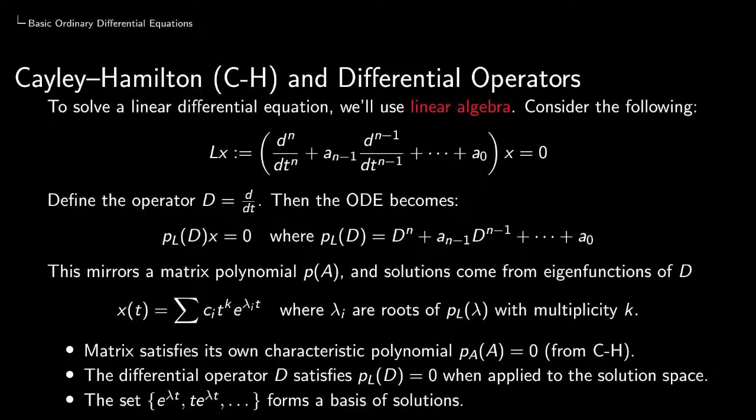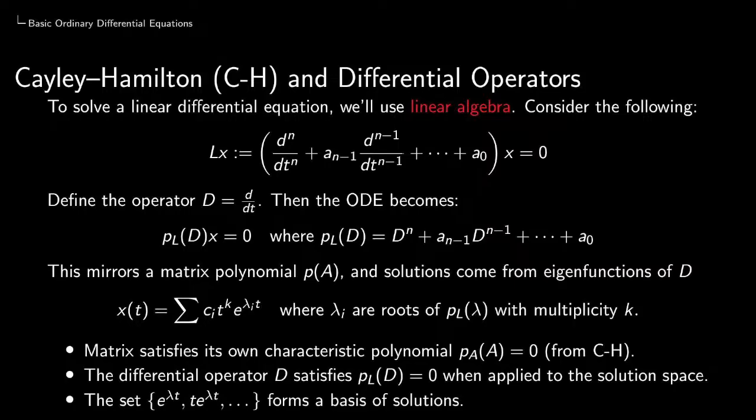The differential operator is a linear operator. That means if you have a sum going through the derivative, the sum is preserved. If you have a constant factor going through the derivative, that constant factor is preserved. That is what it means to be linear. And so, since it's a linear operator, it mirrors in many ways a matrix polynomial.